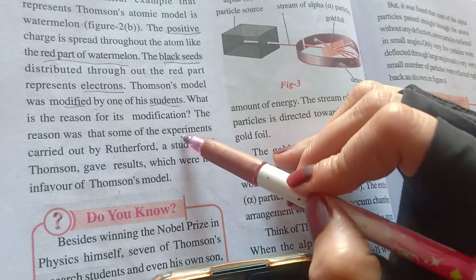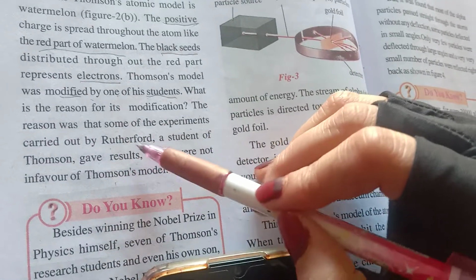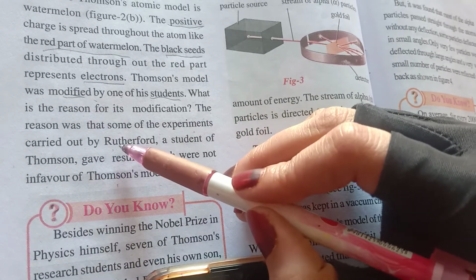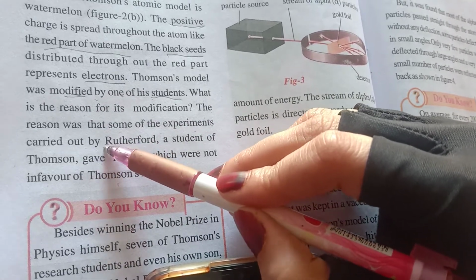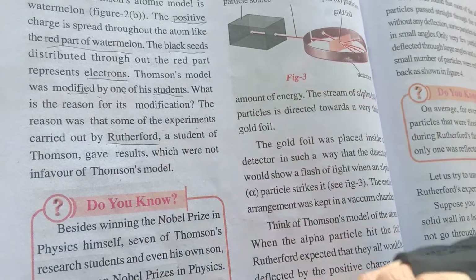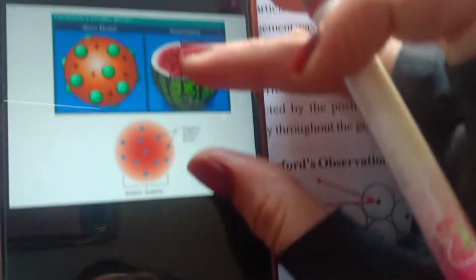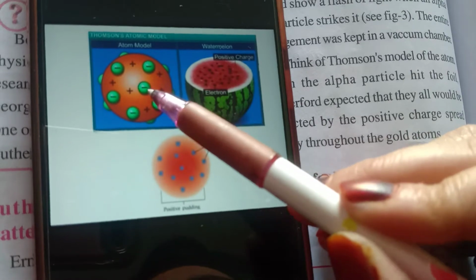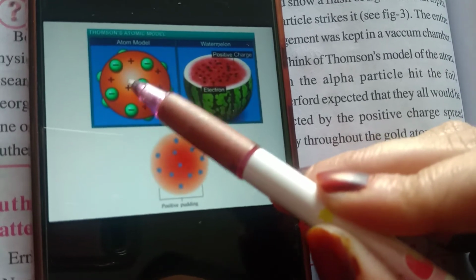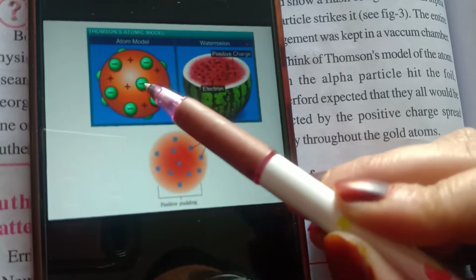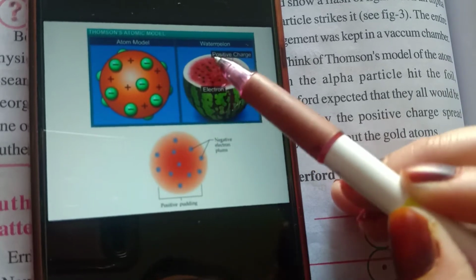Thompson also gave some explanation. But why did the student question it and change the model? Because of an experiment carried out by Rutherford, which we are going to discuss. Before that, let me show you a picture. This is the atom and this is the watermelon. The red pulp is like the positive charge, and the negative charges are like the black seeds.